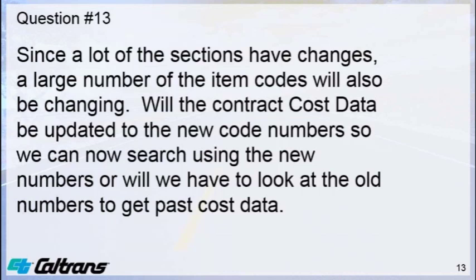So there'll be some projects with old bid item codes, and some projects with new bid item codes, non-standard bid item codes, but with similar descriptions. So there's still going to be a transition, and you're probably going to have to go back and forth in the cost data book to find those bid item codes that have non-standard numbers that don't match the section.